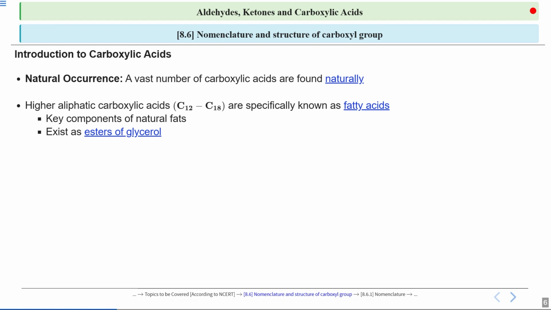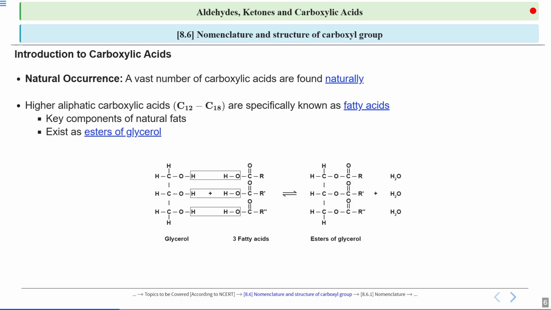Additionally, these fatty acids exist as esters of glycerol. Now what does this mean? This means that they are chemically bonded to glycerol, forming a structure commonly found in fats and oils. If you look at this image, you will see one glycerol molecule and three fatty acids.